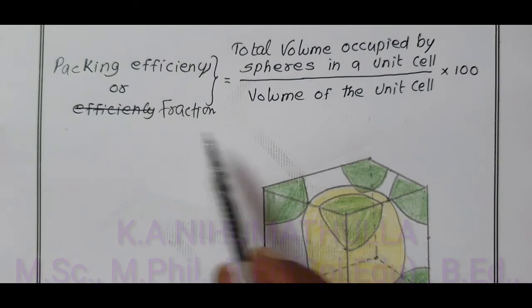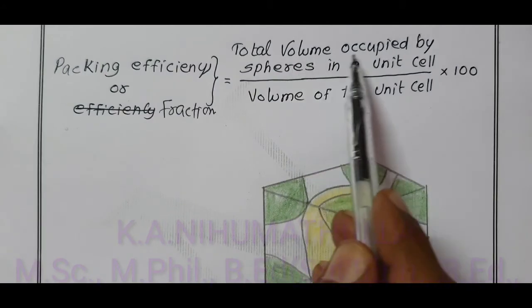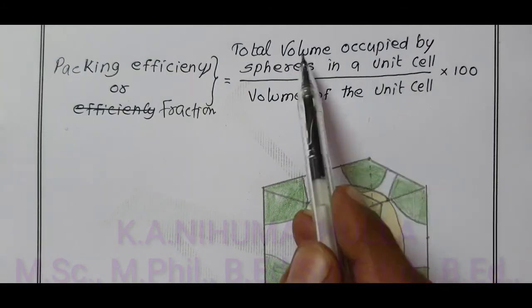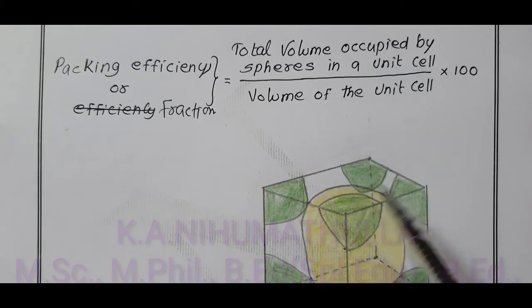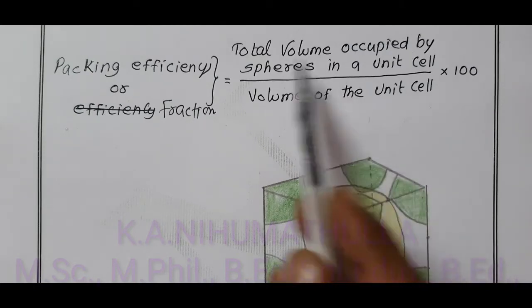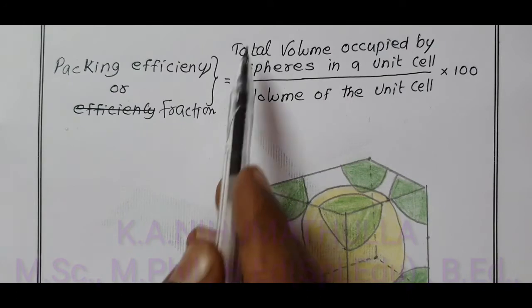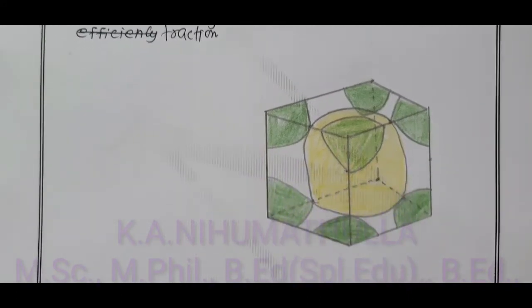To calculate packing fraction or packing efficiency, first of all we have to calculate the volume occupied by a sphere using the formula 4 by 3 pi r cube. We require the r value, which is determined by using the Pythagoras theorem. Then that value is multiplied by the total number of atoms in the body centered cubic unit, that is 2.